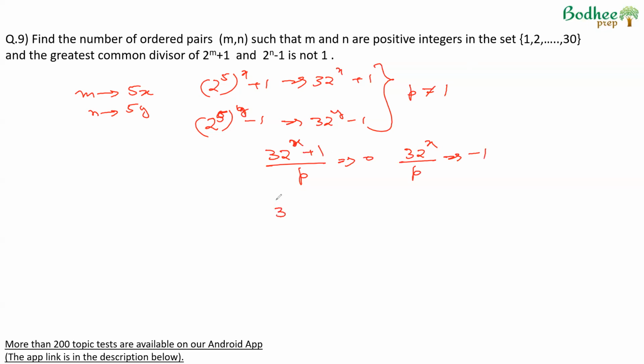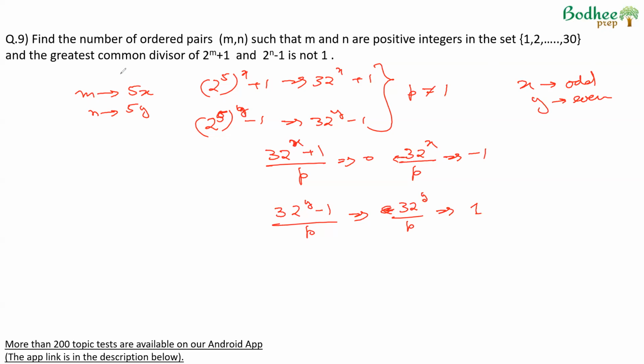And 32^y minus 1 is also divisible by p, so 32^y upon p should have a remainder of plus 1, so that this gets cancelled out: plus 1 minus 1, minus 1 plus 1. And therefore we can say that these two numbers are of the same format, and from here x and y have to be such that x is odd, y is even.